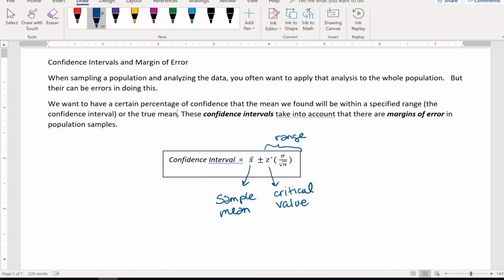We're not going to do T values at this level. Here we have our standard deviation, and here we have the square root of the number of values in our data set.